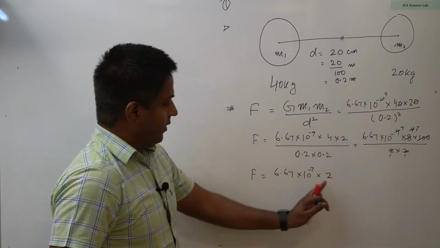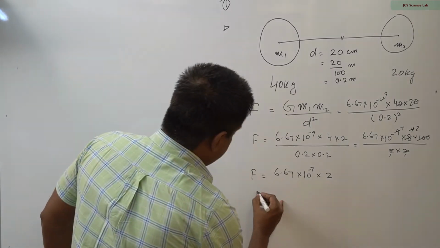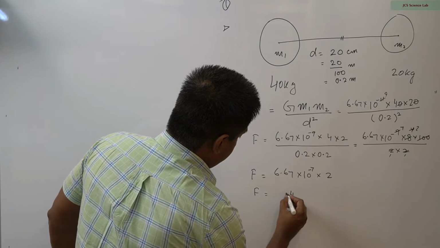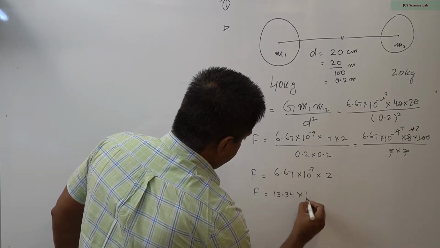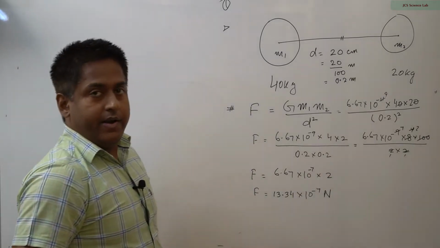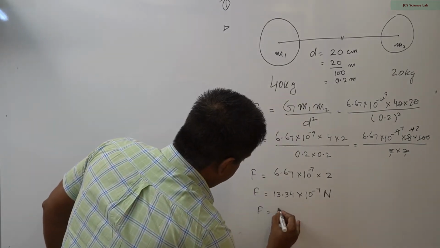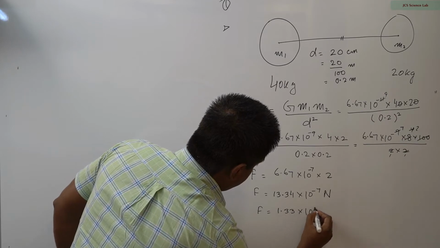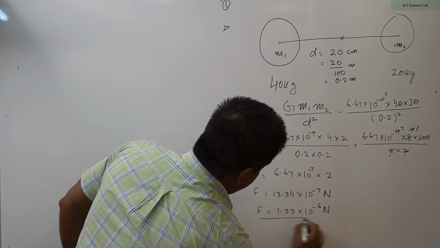You get this simple multiplication now. So the final answer is about 7 Newton. You can make it better: 1.33 into 10 to the power minus 6 Newton. So this is the answer.